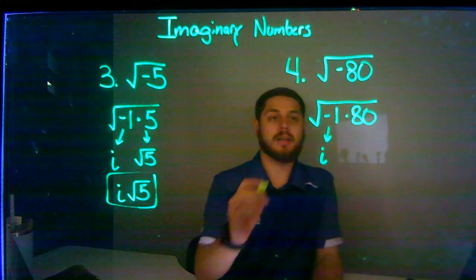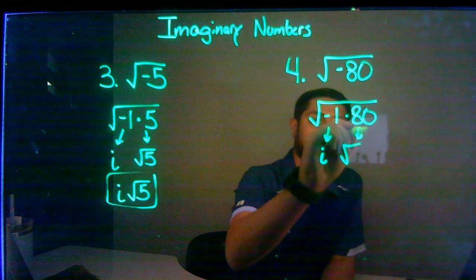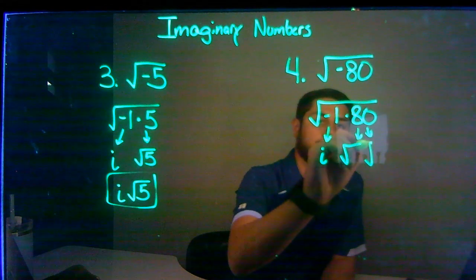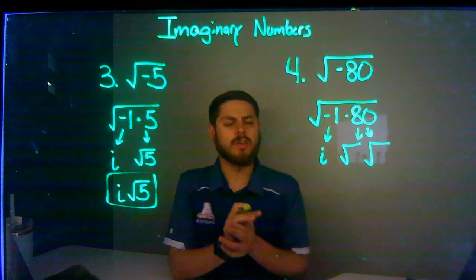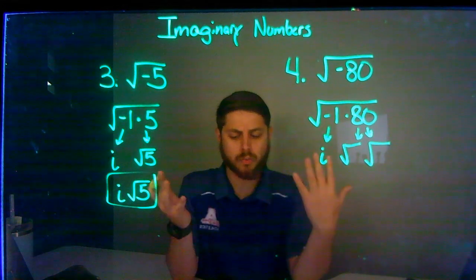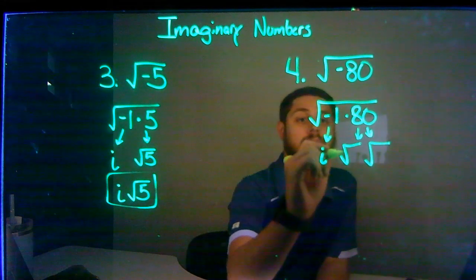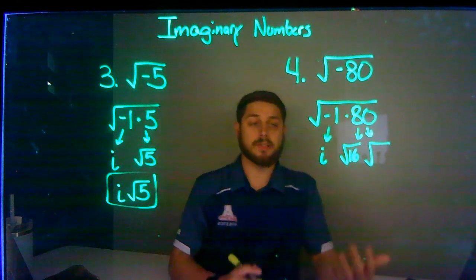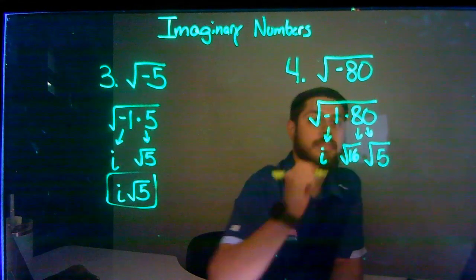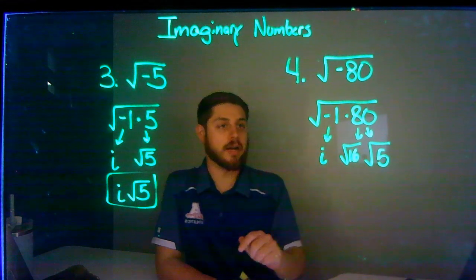Well, 80, I can break that up into something times something. If I try to think what the biggest perfect square that'll go into 80 will be, it so happens to be 16. 16 times 5 is going to get me back to 80.